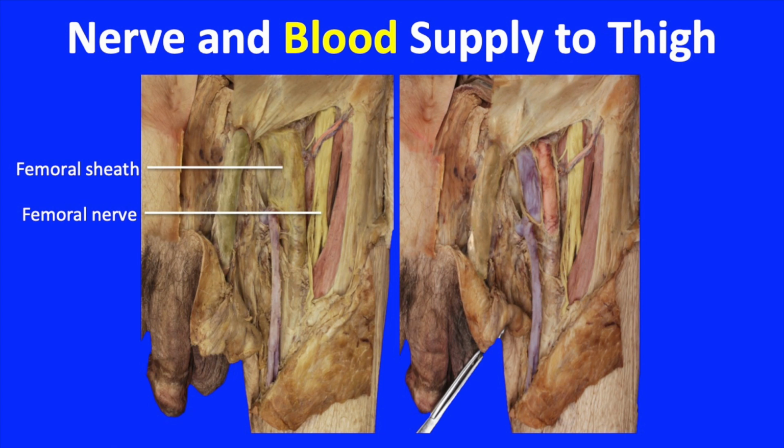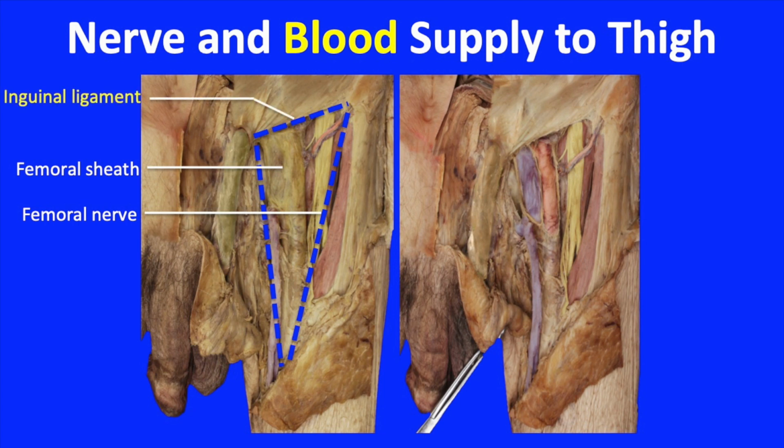But importantly, note that the femoral nerve is not found within the femoral sheath. This is the principal nerve to the muscles of the anterior thigh. The femoral triangle is now shown on the slide. Note that both the femoral sheath and the femoral nerve are found within the triangle.